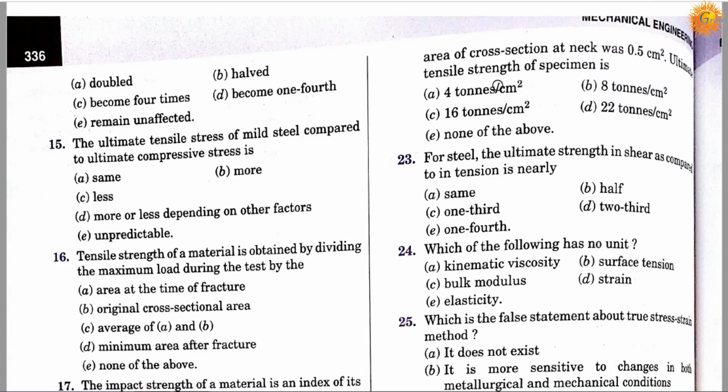Ultimate tensile strength of the specimen is: option A, 4 ton per centimeter square; option B, 8 tons per centimeter square; option C, 16 tons per centimeter square; option D, 22 tons per centimeter square; and option E, none of the above. Correct answer is B, it will be 8 tons per centimeter square.